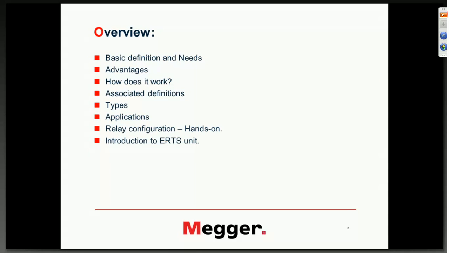Before going into the presentation, I just want to give a quick background of what I do and what my background is. I did my Bachelor of Electrical Engineering in India, and after that, I did my Master of Science in Electrical Engineering, again focusing on power systems, mostly dealing with automation systems, from North Carolina State University.